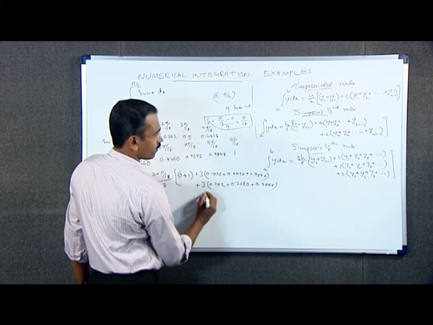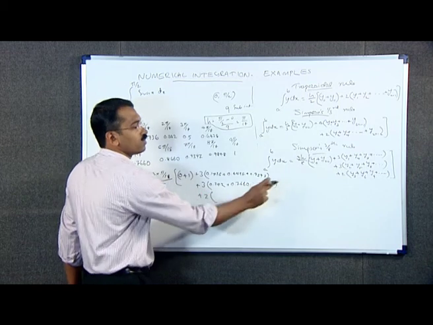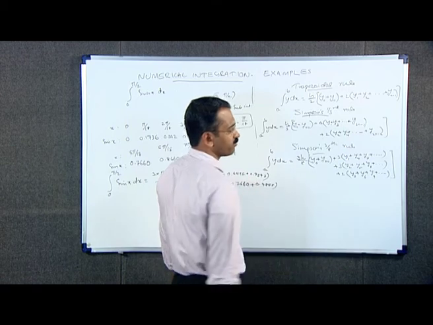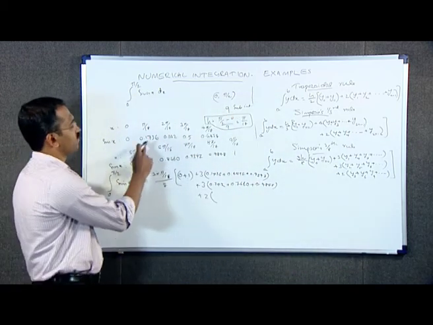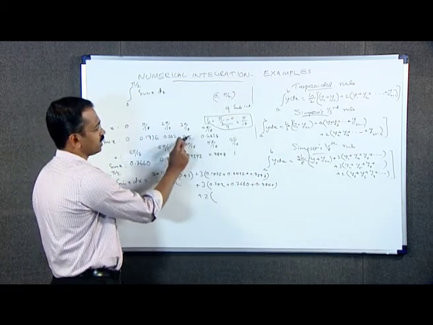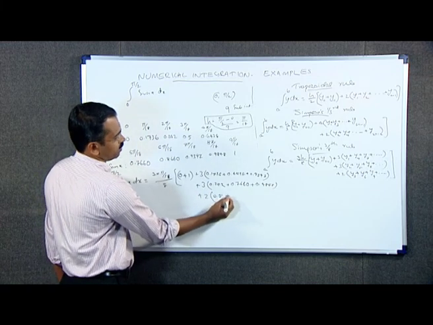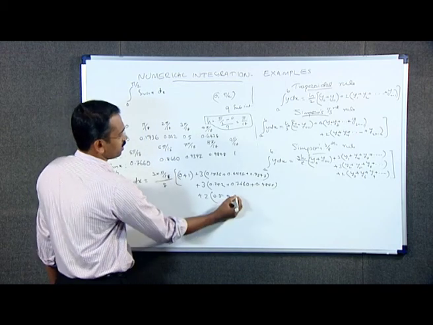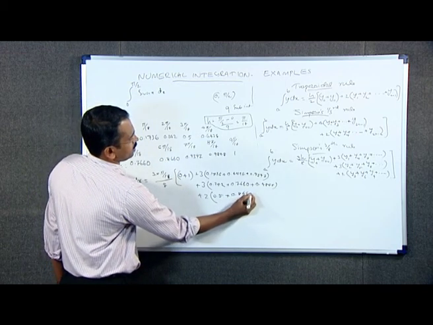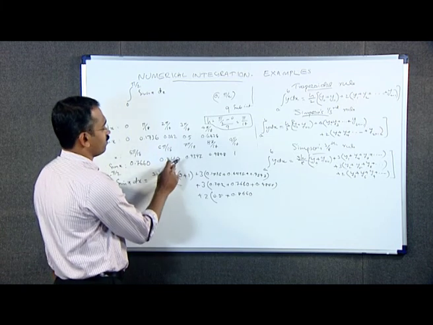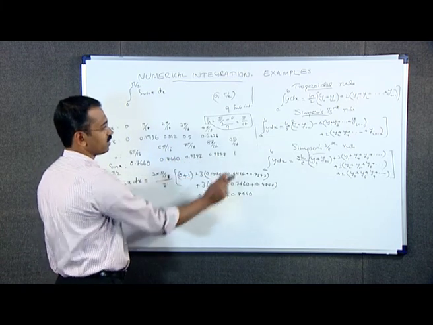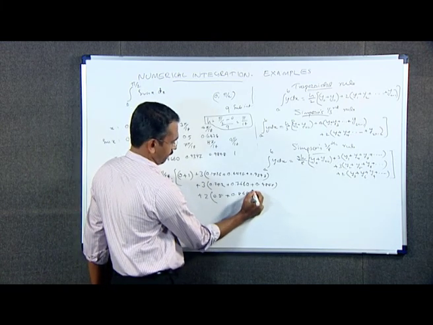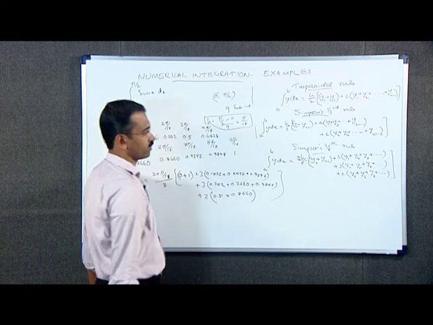0.9848 plus 2 times y3 plus y6 plus etc. That is, the suffixes are multiple of 3. Here y3 is 0.5 plus y6 is 0.8660. Sorry, these are 2 points.